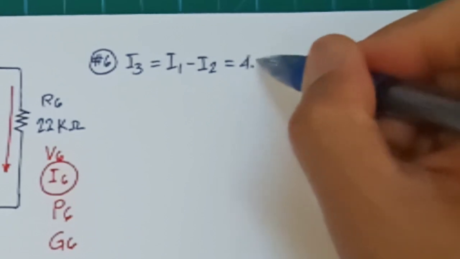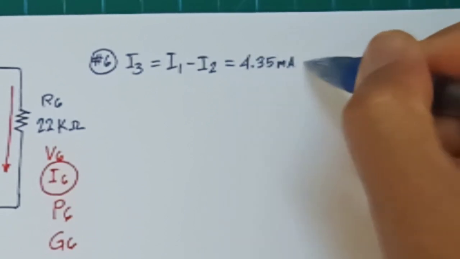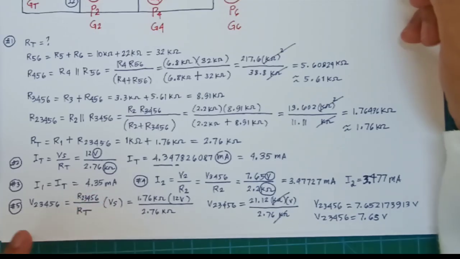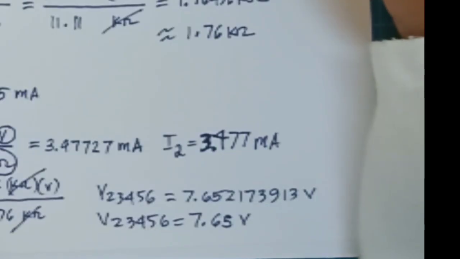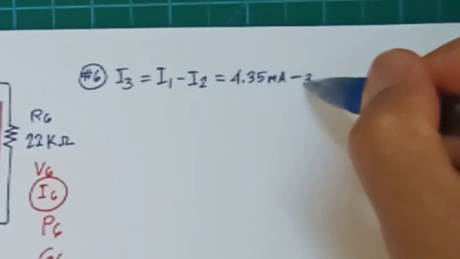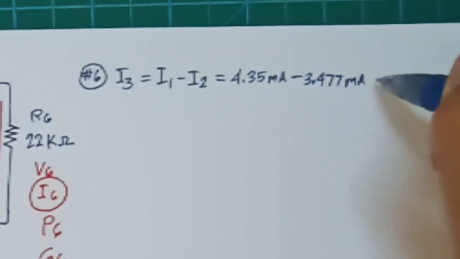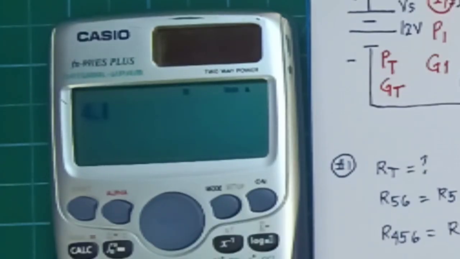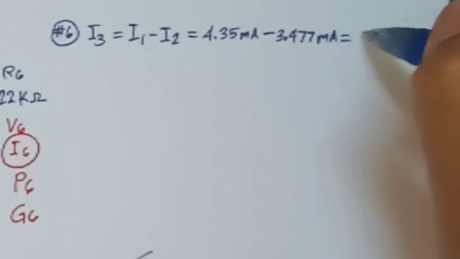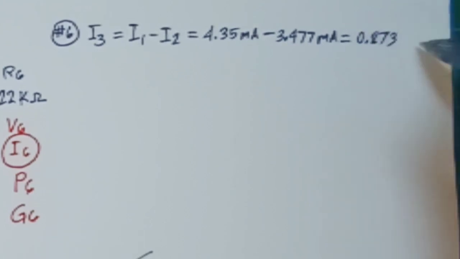Now I1 here is equal to IT, which is 4.35 milliamperes, minus our I2, which is 3.477 milliamperes. Let's subtract. We got the value of 0.873 milliamperes.